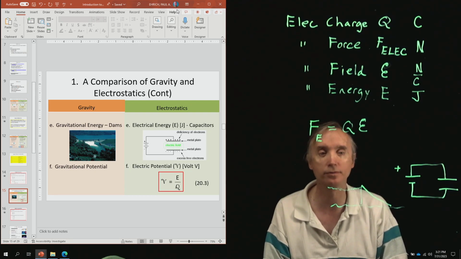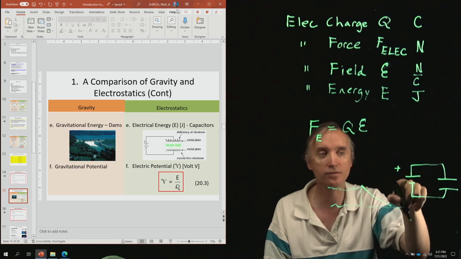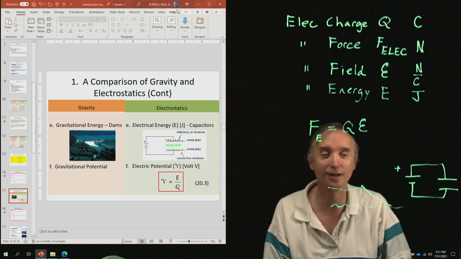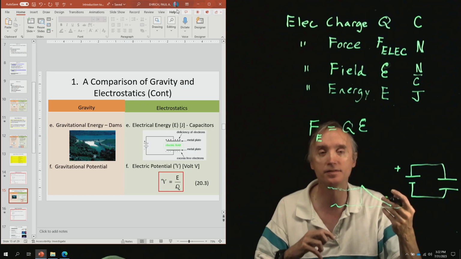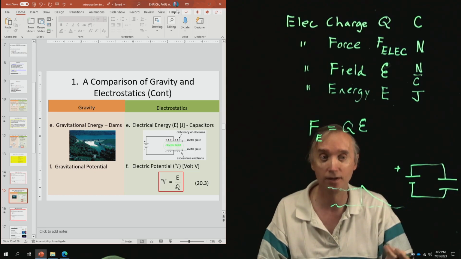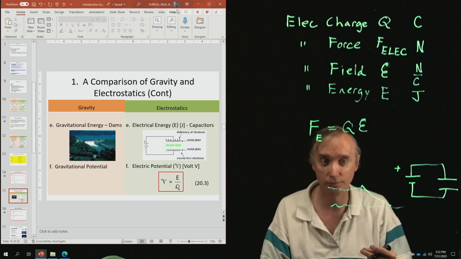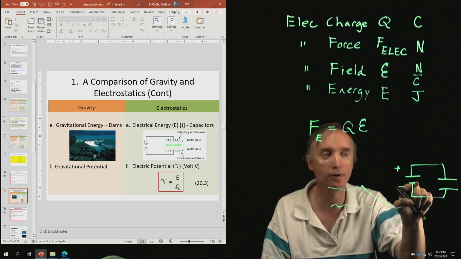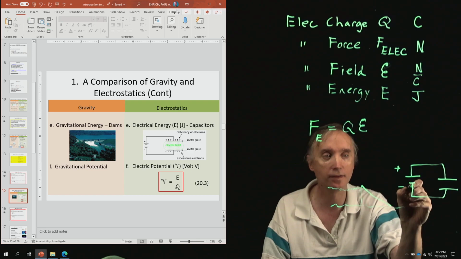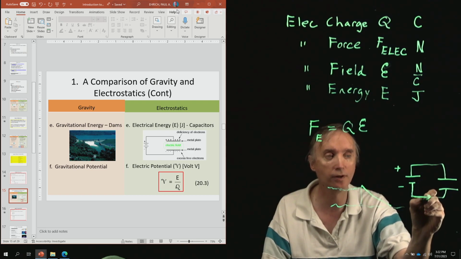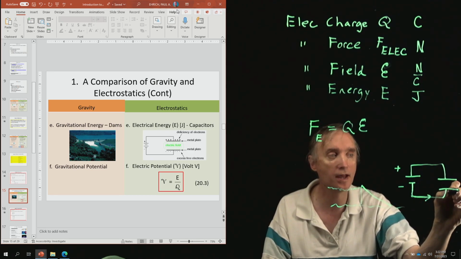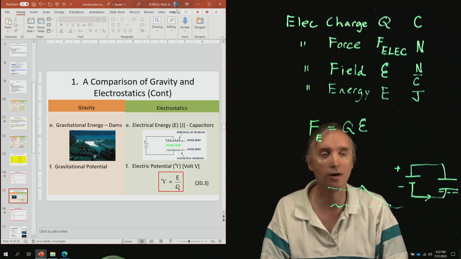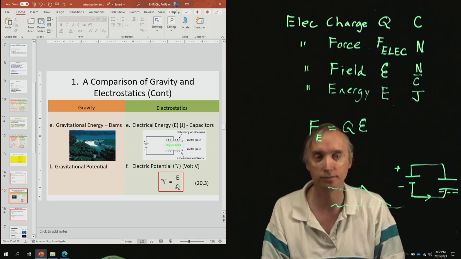So what's going to happen? Well, a battery is chock full of electrical charges, and it's the electrons that actually move. So electrons are going to come out of the bottom part of the battery, and they're going to flow over to here, and then you're going to start to have negative charges appear on the bottom part of that plate.